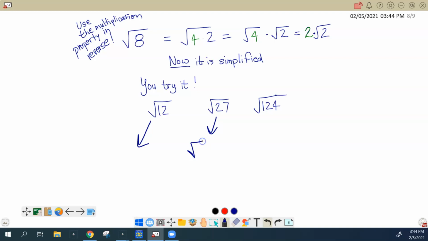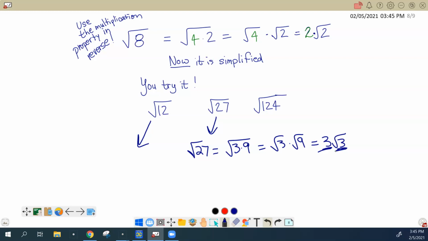So this means that the square root of 27 is the same as the square root of 3 times 9, which is the same thing as root 3 times root 9, which is the same thing as 3 root 3. Standard practice is to write the rational number first and the radical second, just like you would write a term in a polynomial with the coefficient first and the variable second.